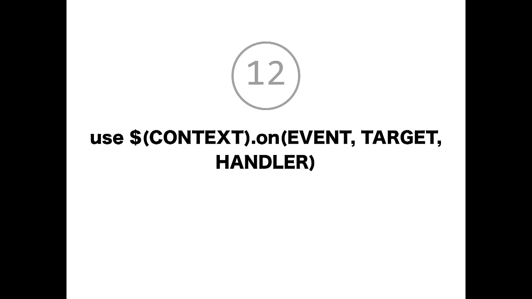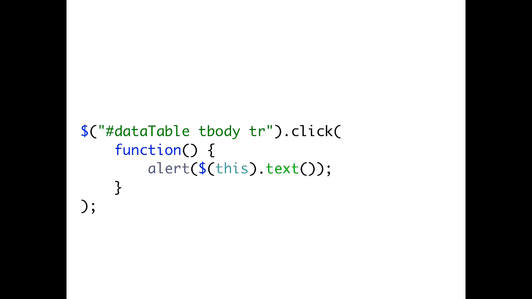Keeping on jQuery for a second, this selector looks for a table row inside a table body with an ID of data table and goes all the way back to the body element to make sure that it hasn't missed anything. It puts the click event all the way back on all those elements it goes through on the way.